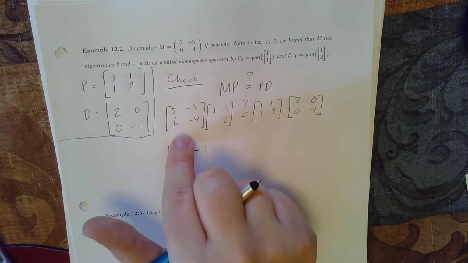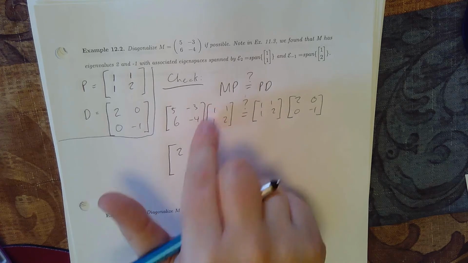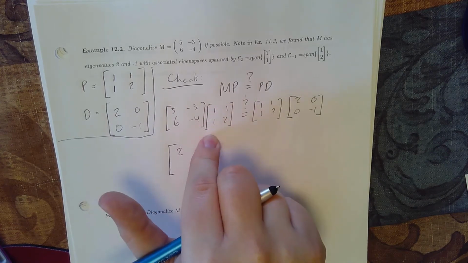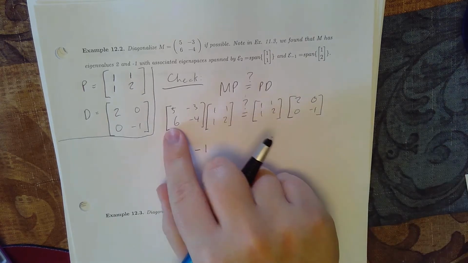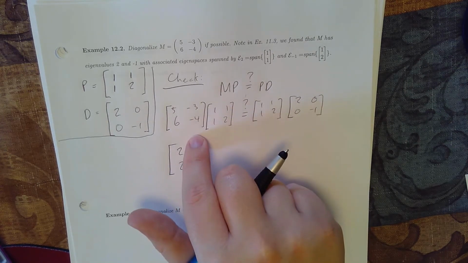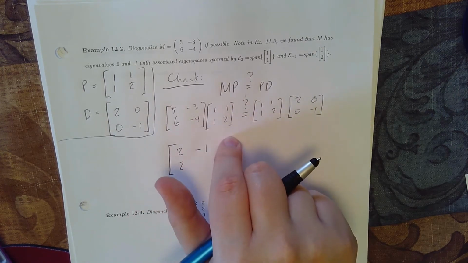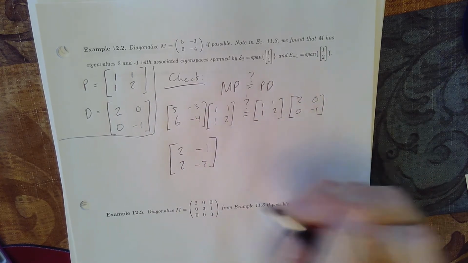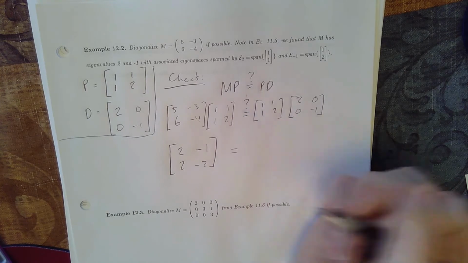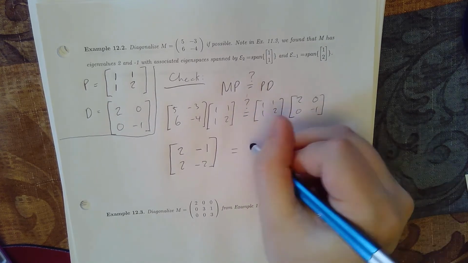Our next entry will come from 6 times 1 plus -4 times 1, so 6 minus 4 is 2. And then our last entry will come from 6 times 1 minus 4 times 2, so 6 minus 8 will be -2. Now we just need to double check that that is indeed equal to what's on the other side.